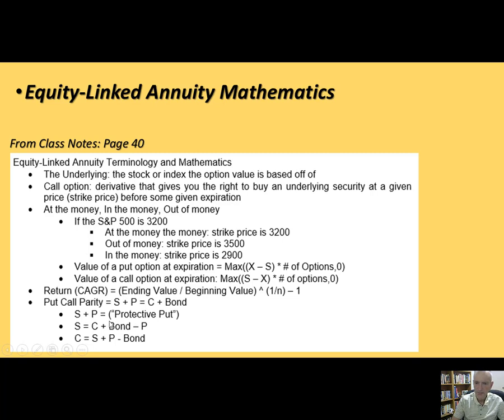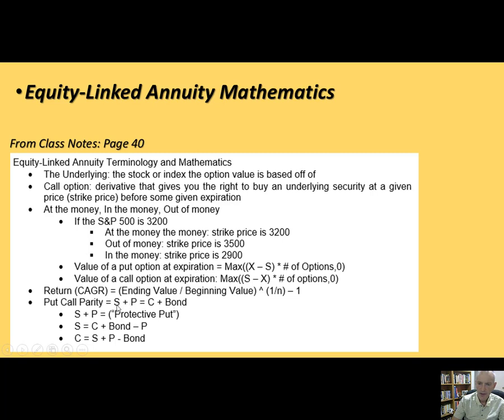On this page, what we're creating with the equity-linked annuity looks a lot like the call option, but also looks a lot like the protected put. The protected put is a stock plus a put option equals a call plus a bond. Essentially what we're doing is we're creating a protected put, but we're going to do it using a call and a bond.